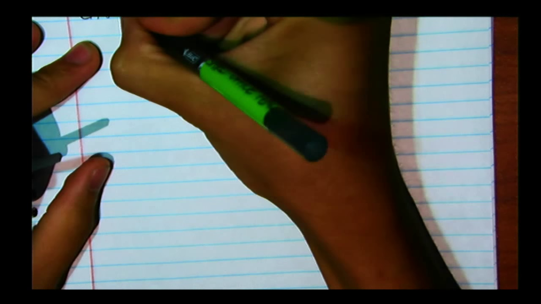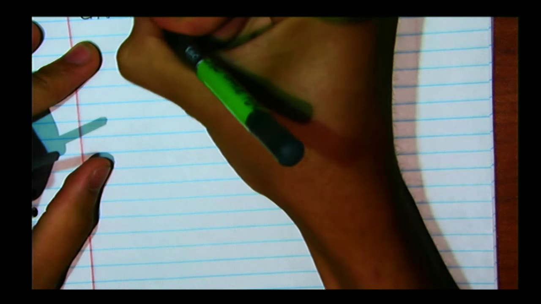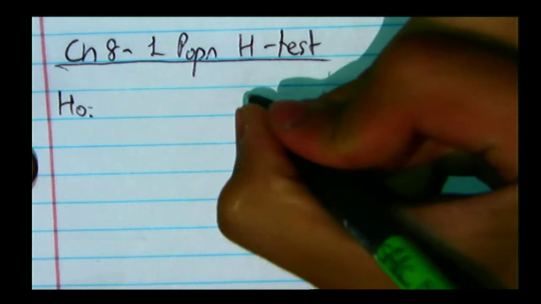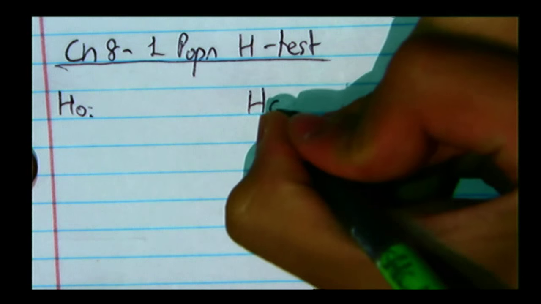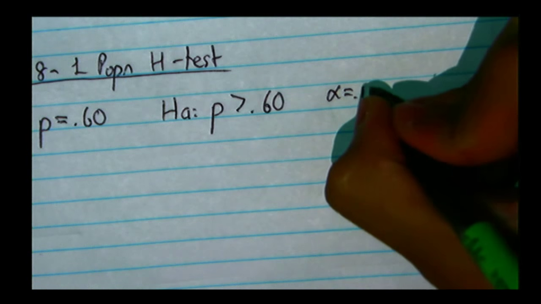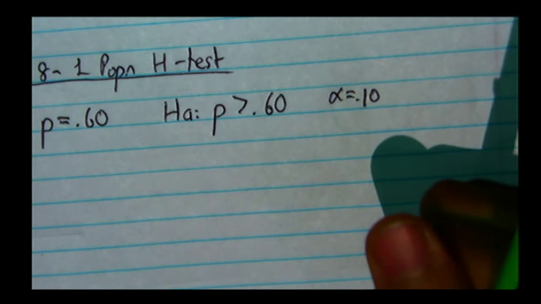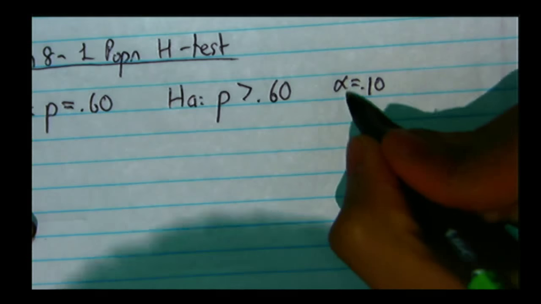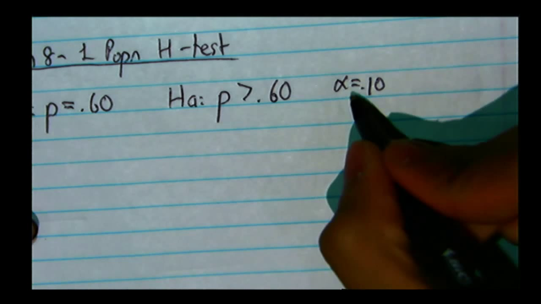Maybe I want to find out if the true proportion is 0.10. Now we're almost out of time, but think of alpha as how much evidence you need to prove your claim, to suggest your claim.